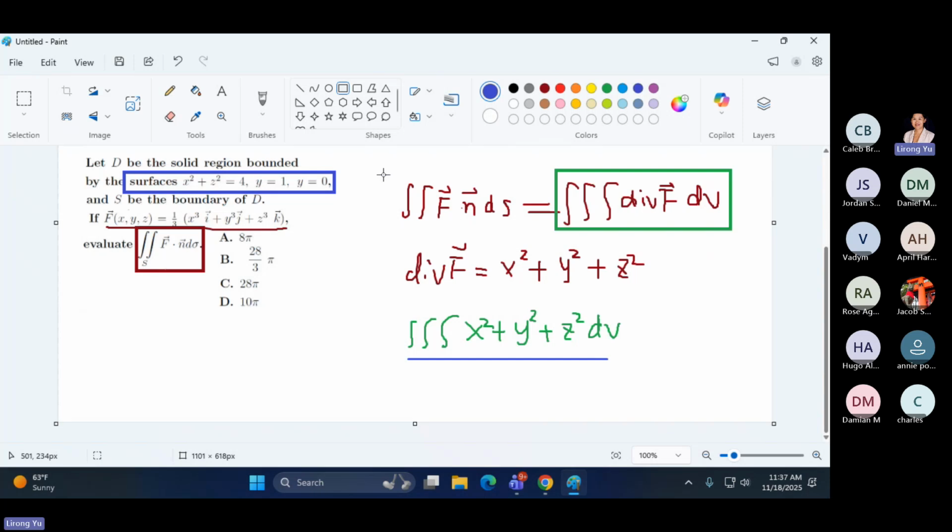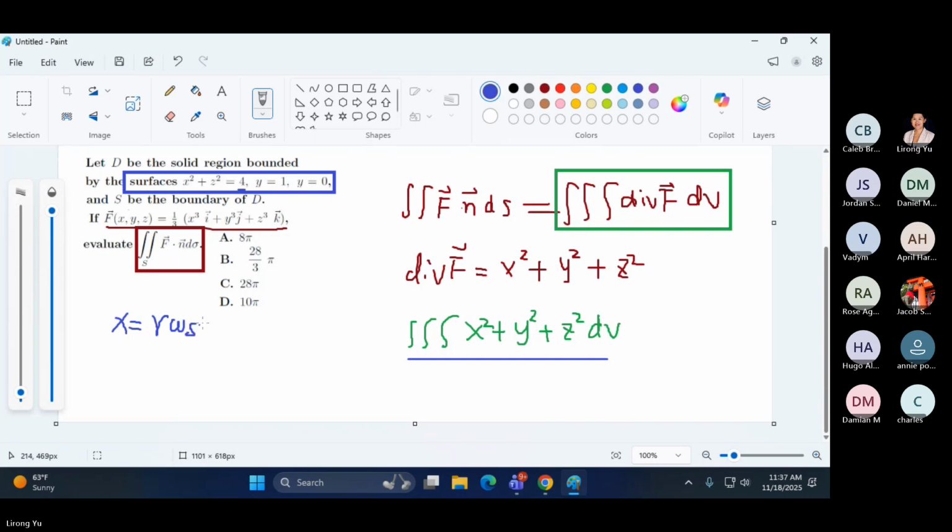So based on that, because it's a cylindrical integration region, we will be doing cylindrical coordinates. The radius is equal to 2. X equal to r cosine theta. Y equal to, not the y, z equal to r sine theta.